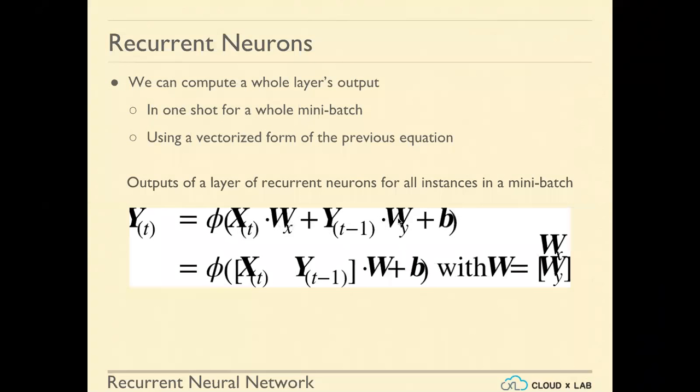Instead of taking two steps, we can concatenate these into a single vector, and then do the dot product with W.